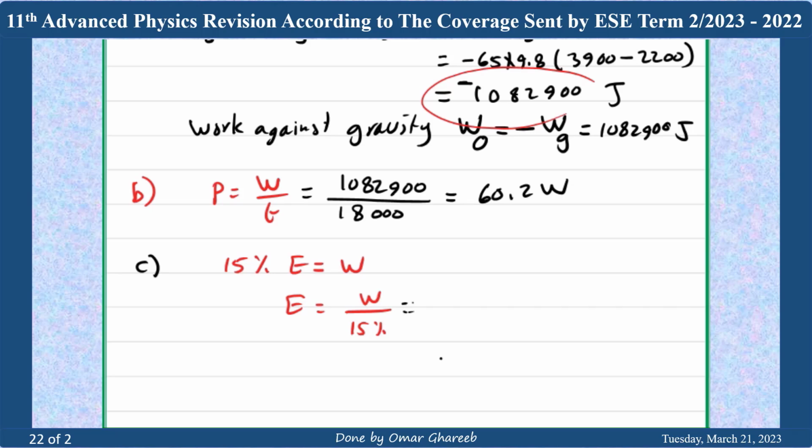That work is 1,082,900 over 15%, like this. So 1,082,900 divided by 0.15.